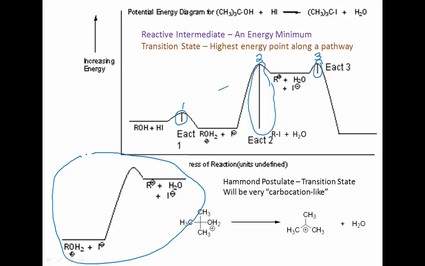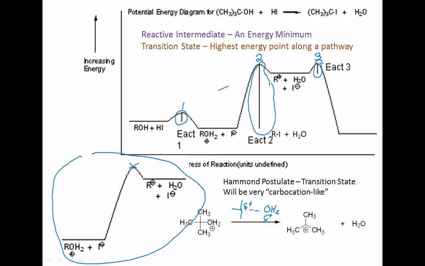So the Hammond postulate tells us that our transition state, which is right here in energy, is going to be something that looks kind of like the carbocation. I'll just guess at what the transition state here is, but it's something like that, where water is starting to leave, and when it's partially bonded, it's actually higher in energy than when they're completely separated.